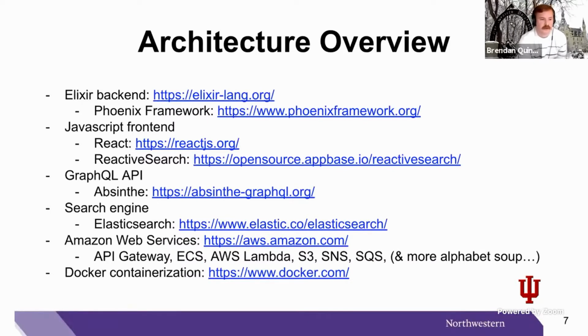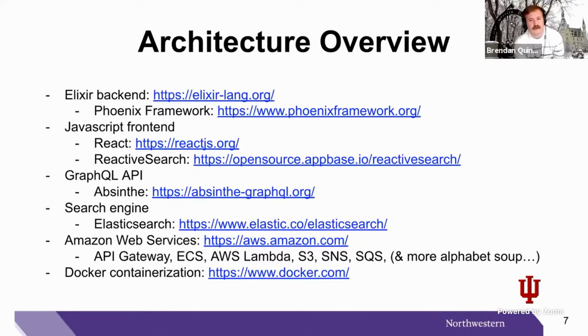We used a JavaScript front end, which I was trying to think of a definition for, and I came up with just the language of the web, for better or worse, LOL. And we use React and ReactiveSearch to build out our UI components and search on the front end. We use a GraphQL API.